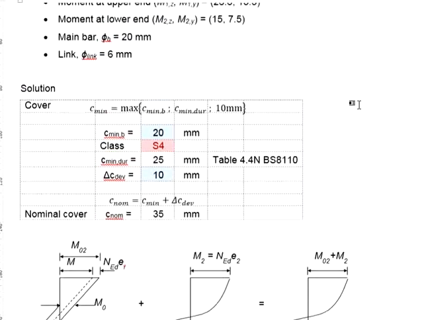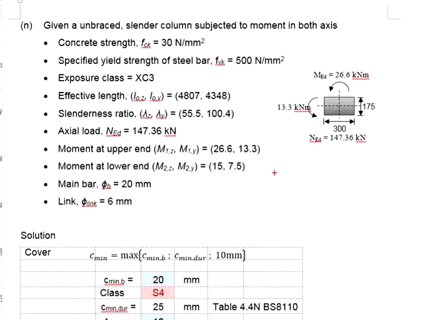Based on the moment given, you have moment in the major axis and moment in the minor axis. The bigger moment of the major axis will be 26.6. This will be used to compute M02, whereas the smaller moment will give you M01.